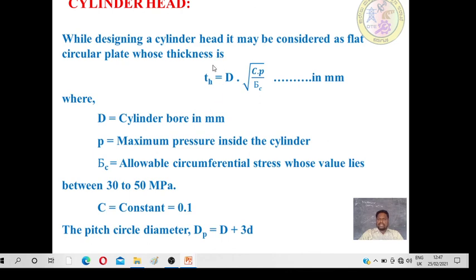For that, the thickness of the head is given by D into square root of C into P divided by sigma C, where D is cylinder bore diameter, P equals maximum pressure inside the cylinder, sigma C is allowable circumferential stress whose value lies between 30 to 50 MPa, and C equals a constant which is equal to 0.1. The pitch circle diameter Dp equals D plus 3d.